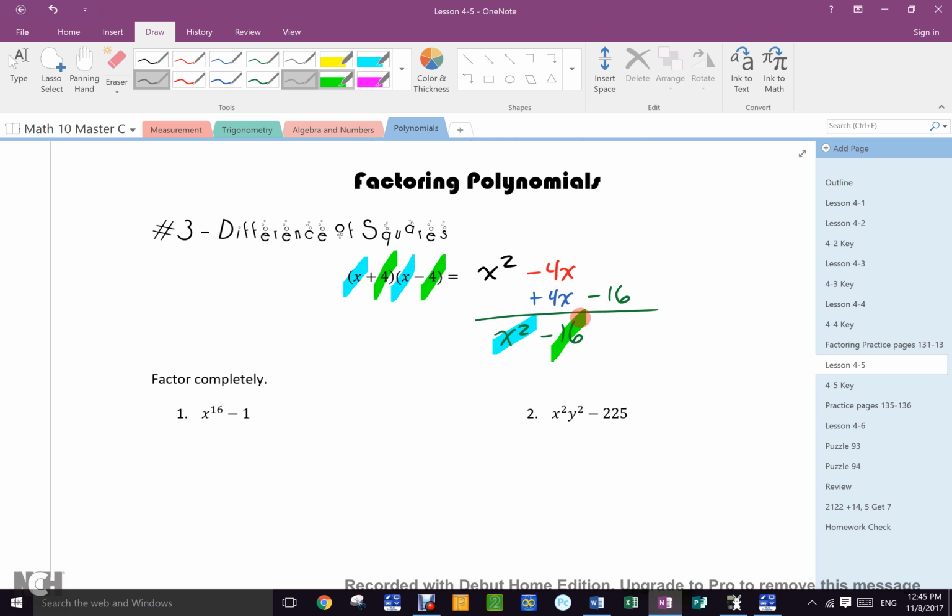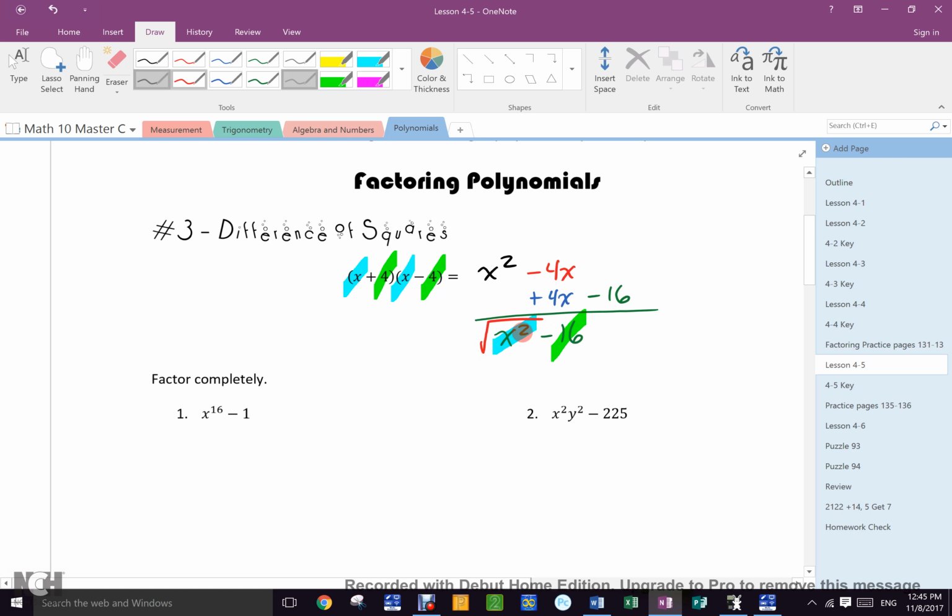Okay. Would anybody like to share what they and their seat mate, if they spoke about it, noticed? We'll start with, well, I don't really care what we start with, the blue or the green. Josh. X times x is x squared, 4 times negative 4 is negative 16.